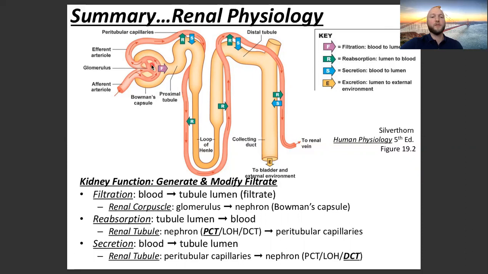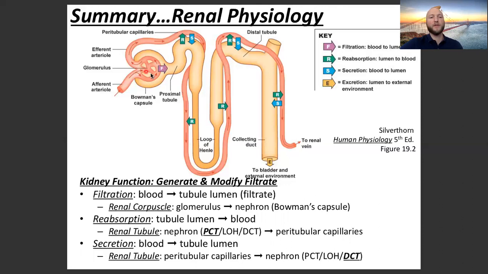So plasma is going to leak out of the glomerulus into the Bowman's capsule. Now, the glomerulus, it's selective. It's only going to let some things out. So most liquid components are going to leave the glomerulus. Ions are going to leave. Urea is going to leave. Water is going to leave.